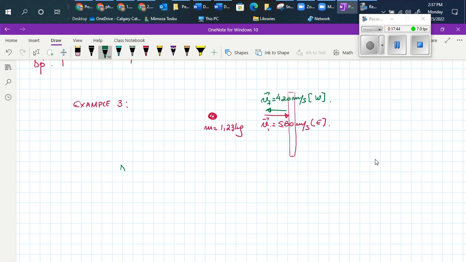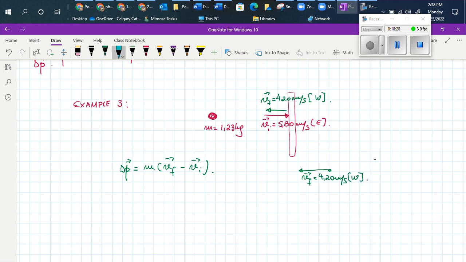So now when we are calculating the change of momentum, the easiest way to calculate it out of those four ways will be to say that it is mass times V final minus V initial. Now, again, this change of velocity in this 1D situation will be something like this. V final is going west, and it is 4.20 meters per second going west.